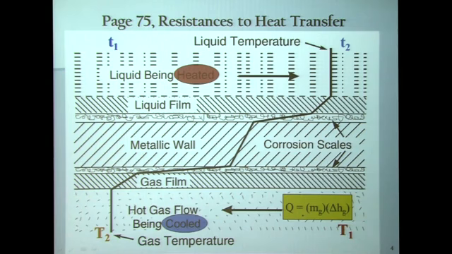The heat that is transferred from the gas that is being cooled is equal to the mass times the enthalpy change, or it could also be equal to mCp delta T. The fluid being heated is equal to the mass of the liquid times the enthalpy change of the liquid. Those two heats that are being transferred must be the same.